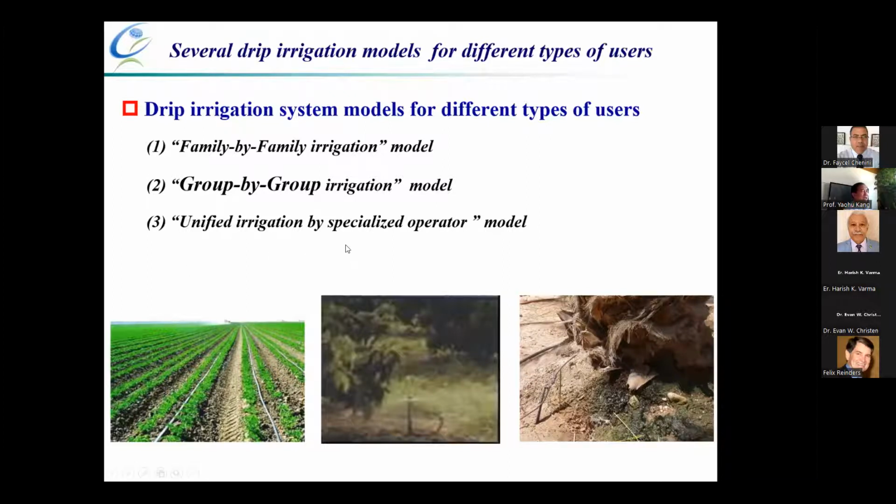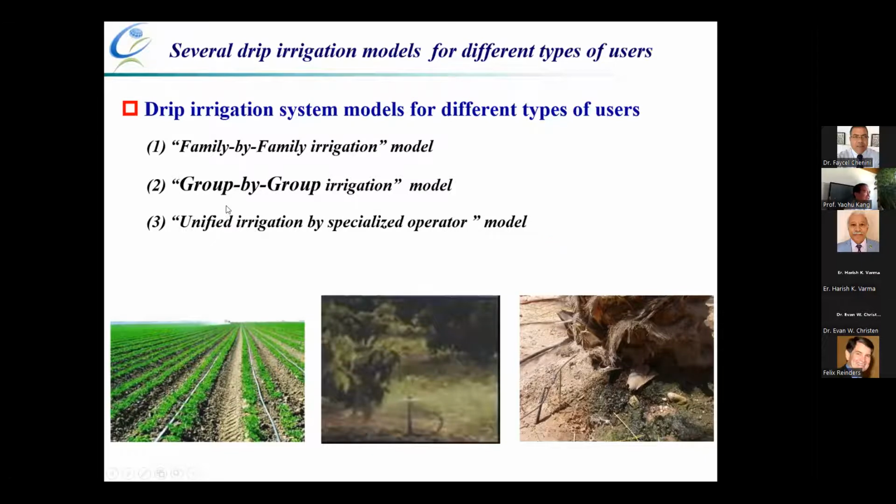And the third is a large farm. For this situation, we call it unified irrigation by a specified operator.